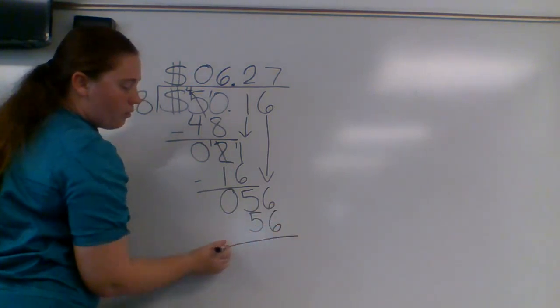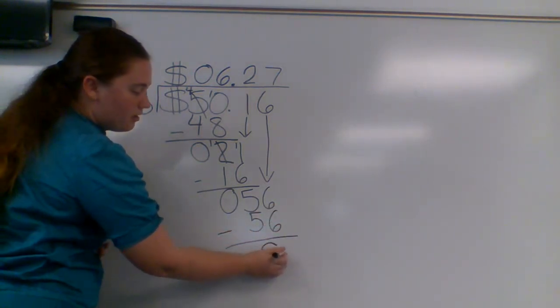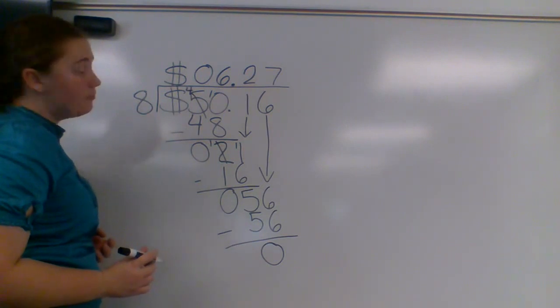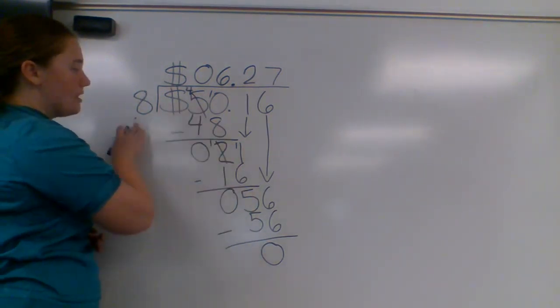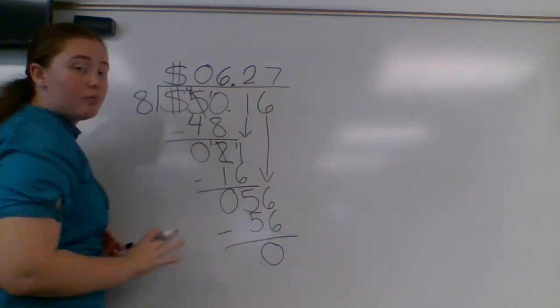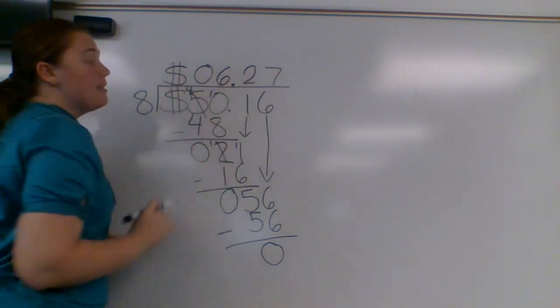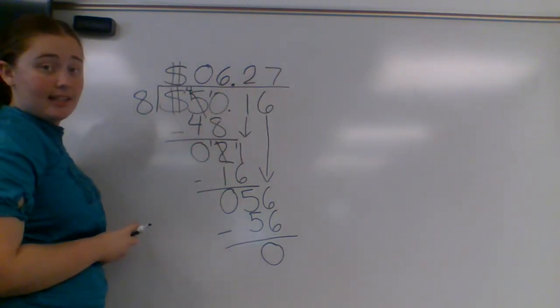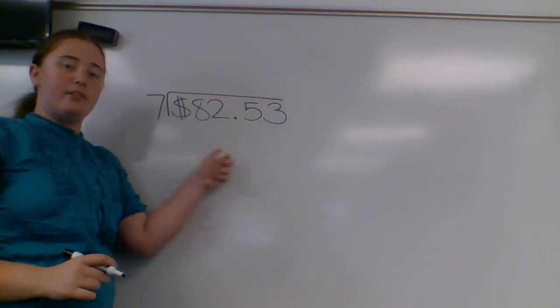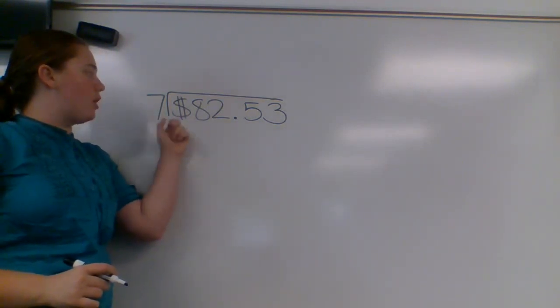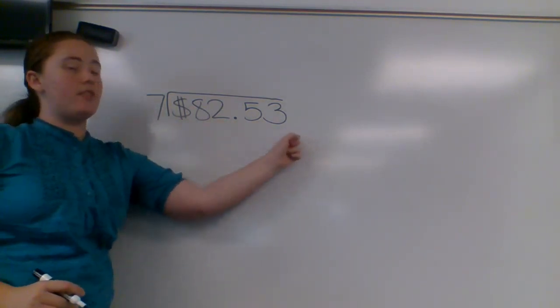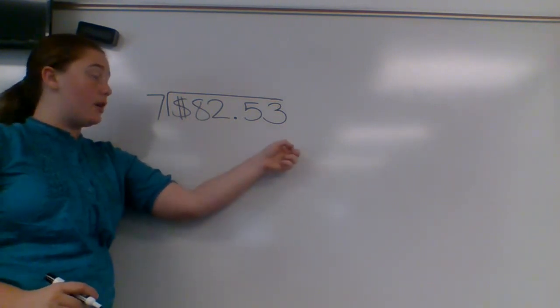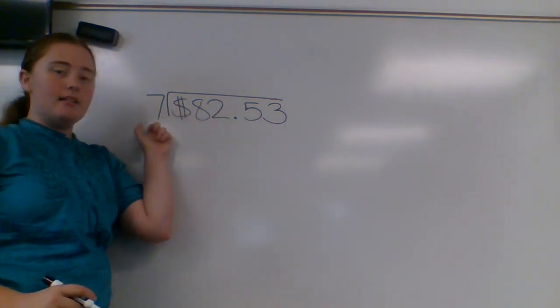And it looks like our remainder is going to be 0. And 0, of course, is smaller than 8. There's nothing else left to bring down, so my answer is $6.27. Our next problem, letter B, 7 will go into $82.53, or we can say $82.53 divided by 7.